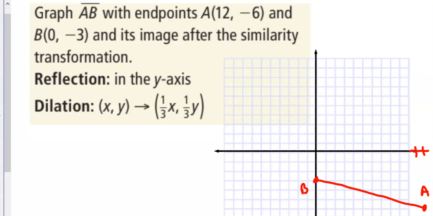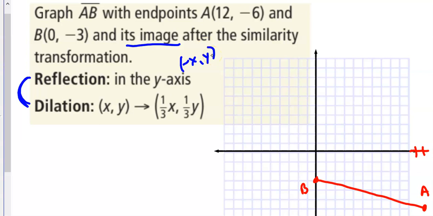We also want to graph its image after we do this transformation. So we have two of them going on here. We have a reflection over the y-axis, so it's going to flip over the y-axis, and then we're going to dilate it. If you remember, a reflection over the y-axis negates the x, leaves the y the same.